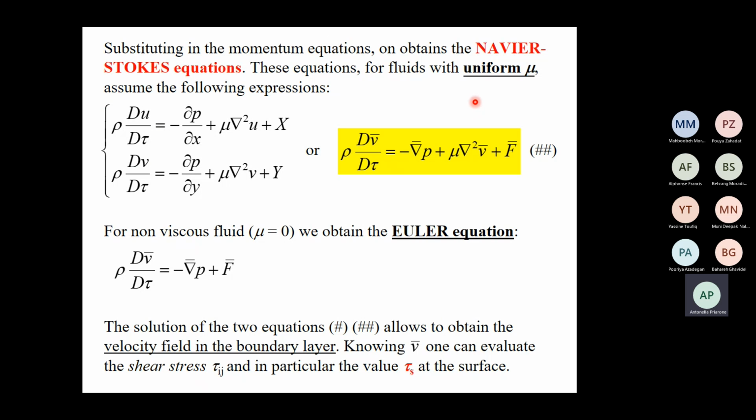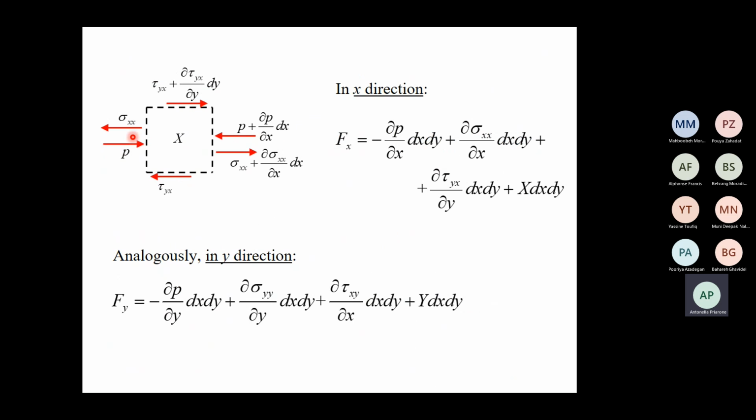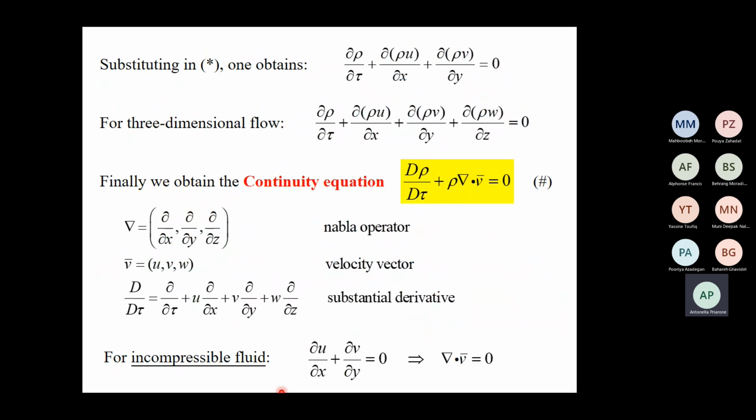If I add another assumption, if I want to write the Navier-Stokes equation for a fluid with uniform dynamic viscosity mu, I obtain the following expression written here. The capital D is again the substantial derivative. So when I write capital D, I mean this expression, that is the sum of different derivatives: one in time, plus u that multiplies the derivative in x, plus v that multiplies the derivative in y, plus w that multiplies the derivative in z.